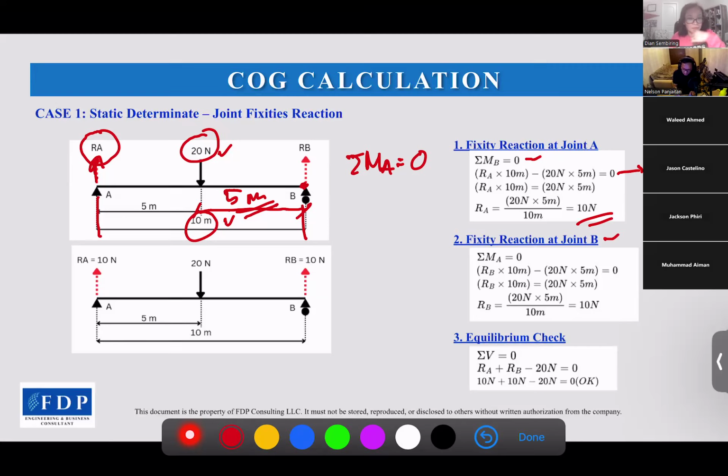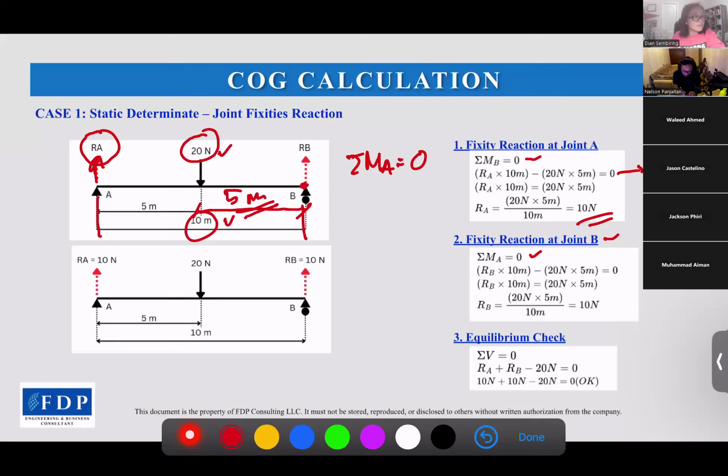to get the reaction at B, then we use total moment at A equals zero. And what forces acting that can cause moment at A?